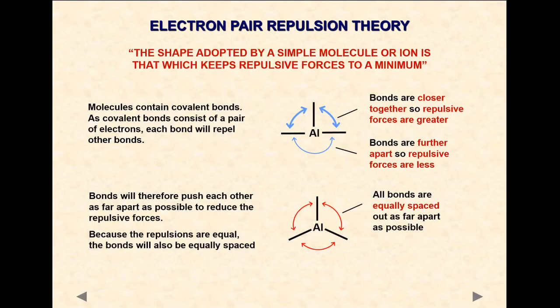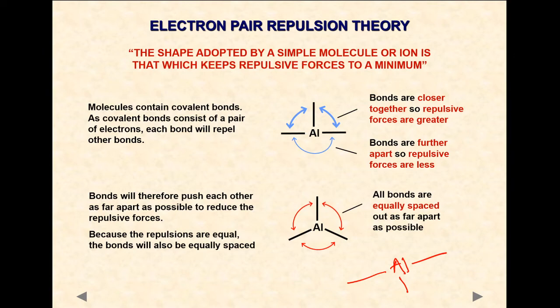For example, let's look at aluminium. Aluminium is able to form three bonds. If you have, let's say, aluminium with three bonds, that is 1, 2, and 3. Now the question is, using the repulsion theory, how will these three pairs be distributed?